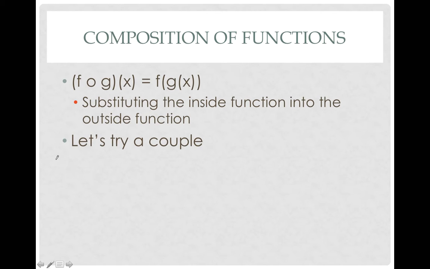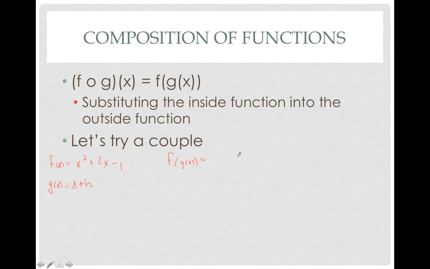Now, you might remember a problem that we had a little while ago that looked a little bit like this. Let's say f of x was x squared plus 2x minus 1, and g of x was x plus h, and I wanted to do f of g of x.